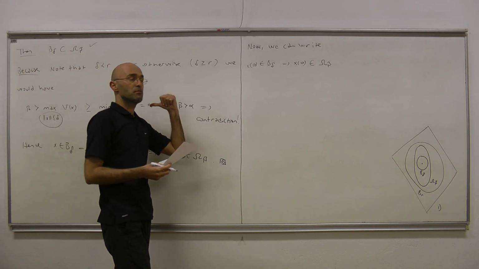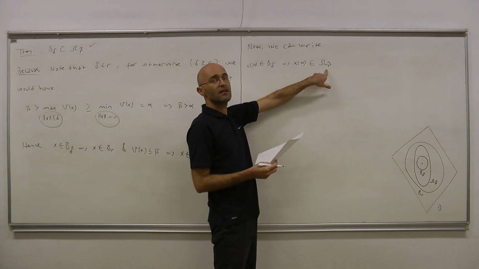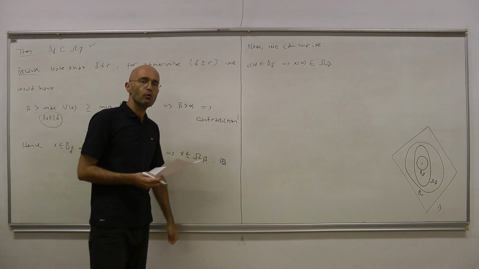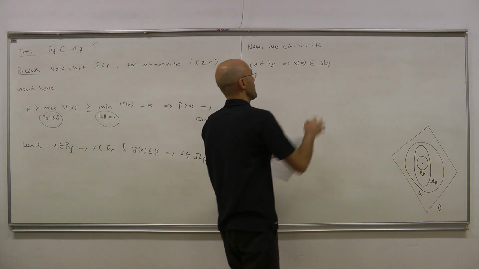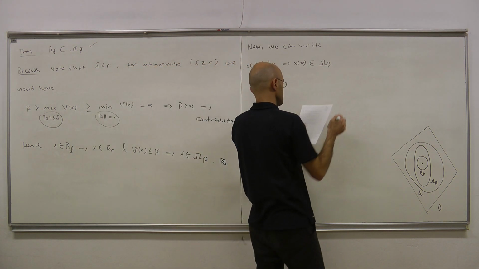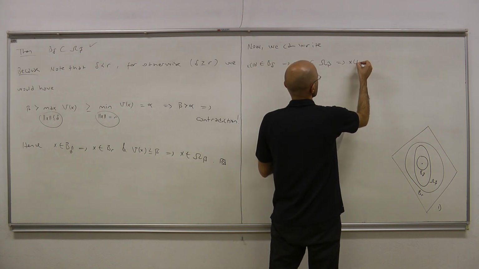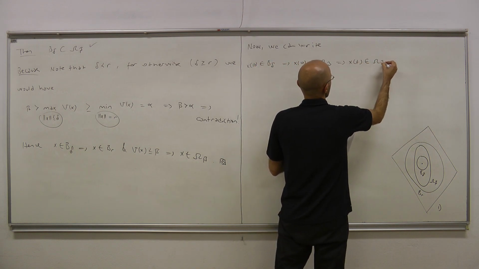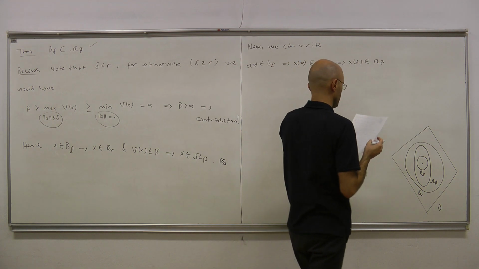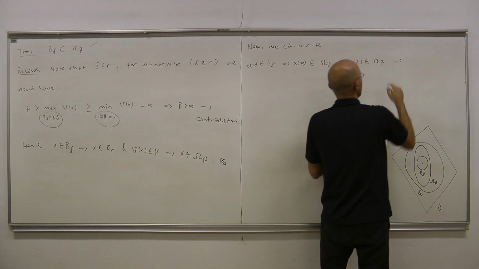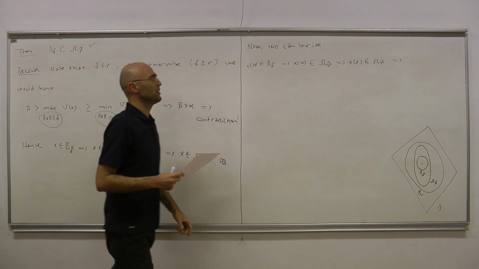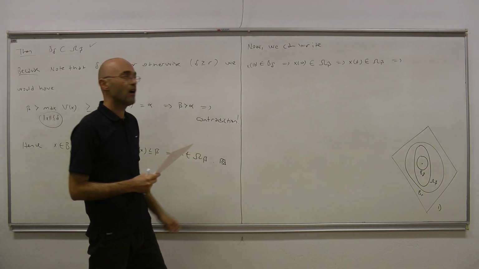And then using the previous claim, if you start in omega beta, you always stay in omega beta. So omega beta was forward invariant for all times. And omega beta is constructed such that it's the intersection of something with R ball.